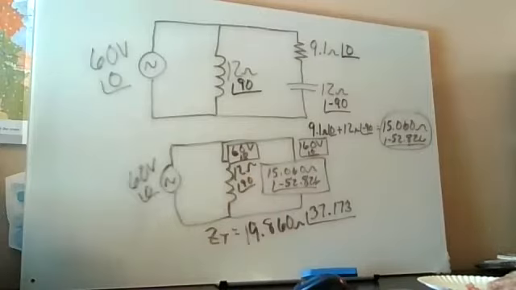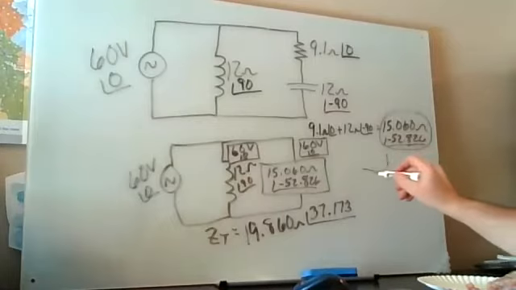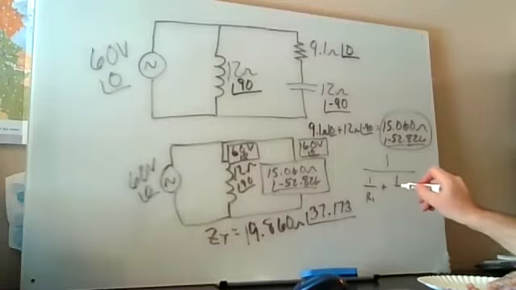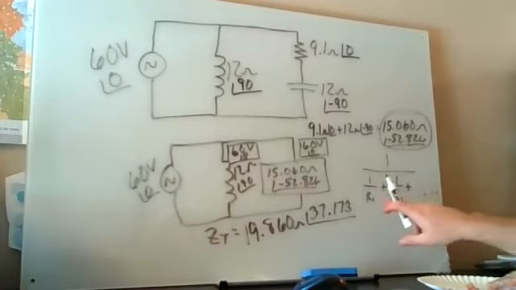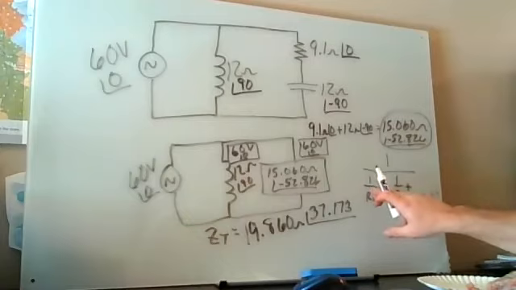Because remember, how do I find it? 1 over R1 plus 1 over R2 plus however many I have, right? So when I put everything in parentheses and shift reciprocal, I'm just doing this part, and then I'm just doing this part, adding them together.